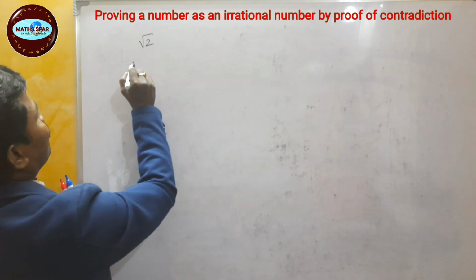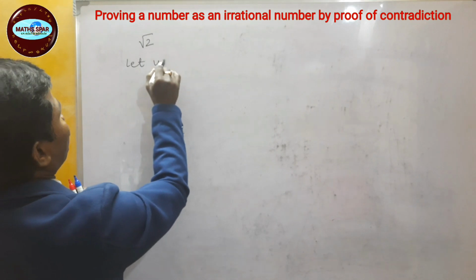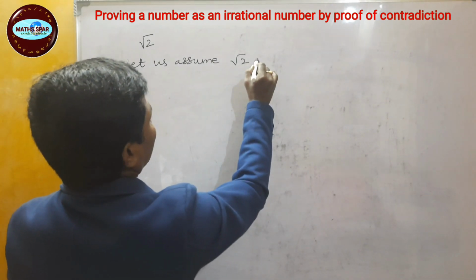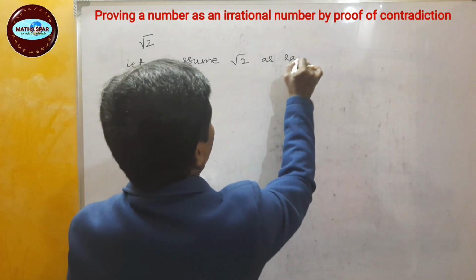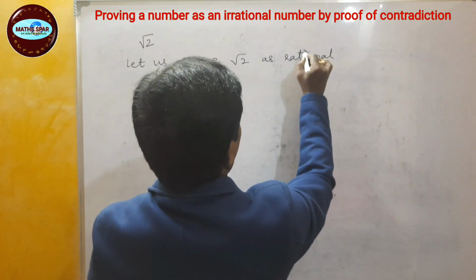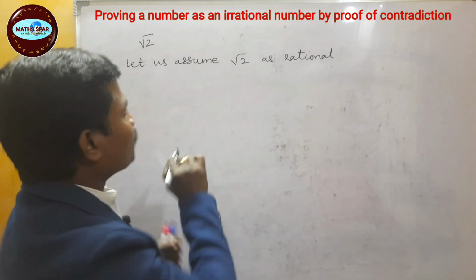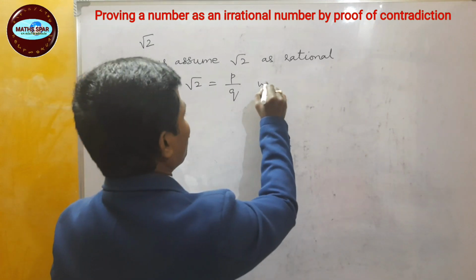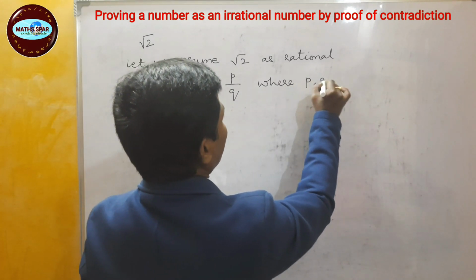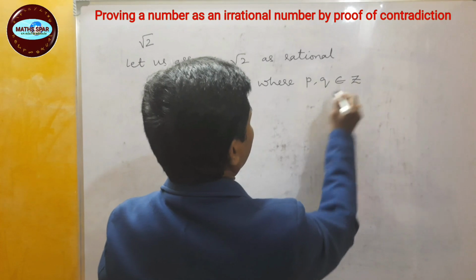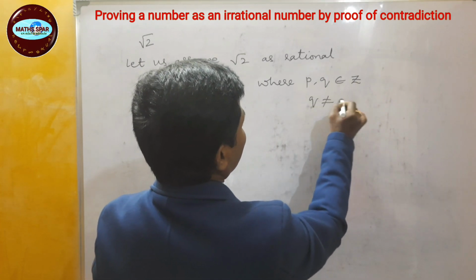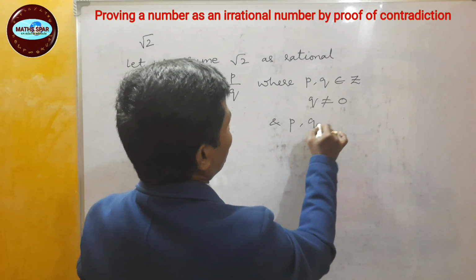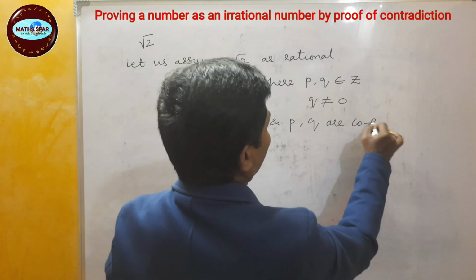So here let us assume root 2 as rational. When we assume it as rational, root 2 can be written as some p by q, where p and q belong to integers, q is non-zero, and p, q are coprimes.